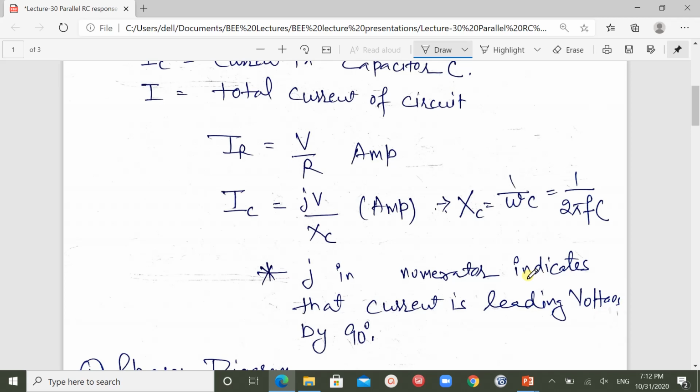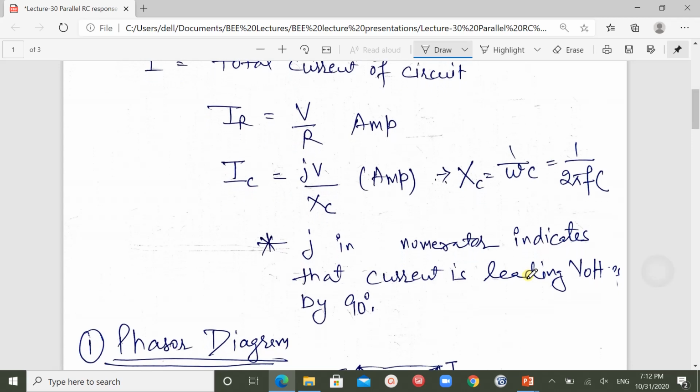And as in the previous lecture I told you that we put the J term in the denominator when we have capacitive reactance.